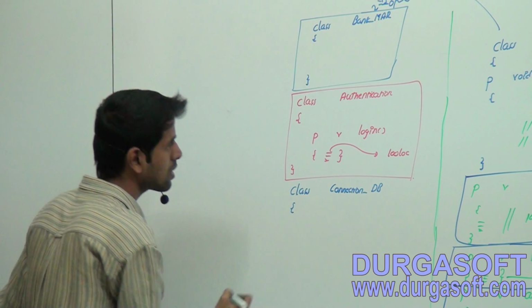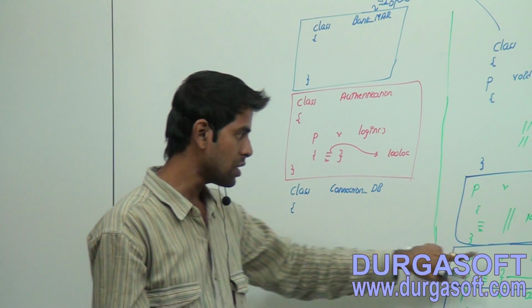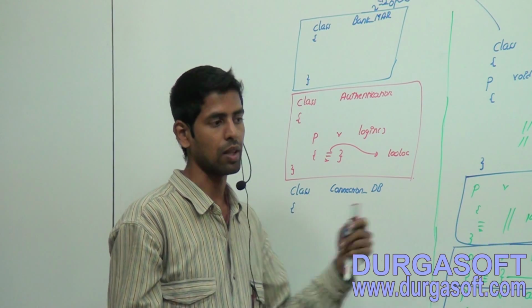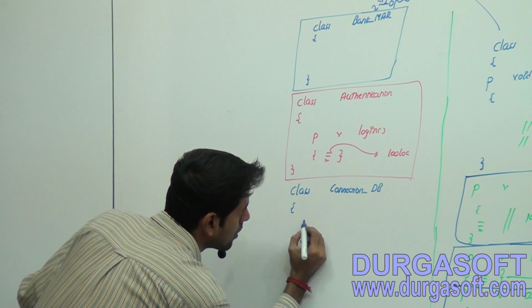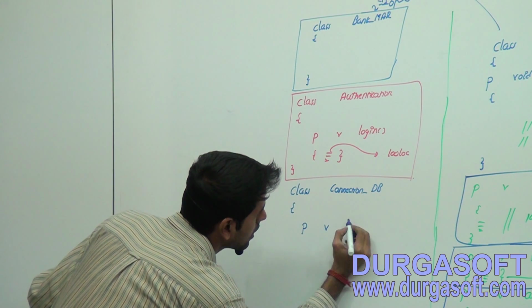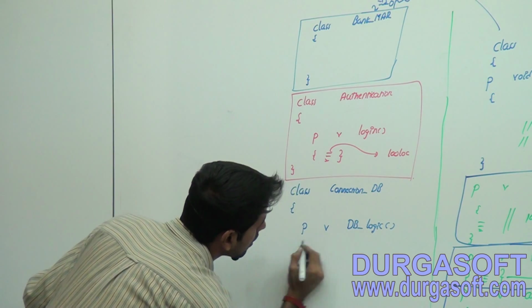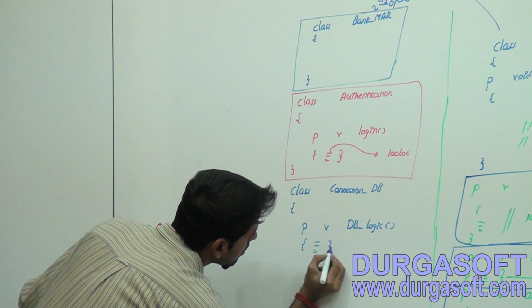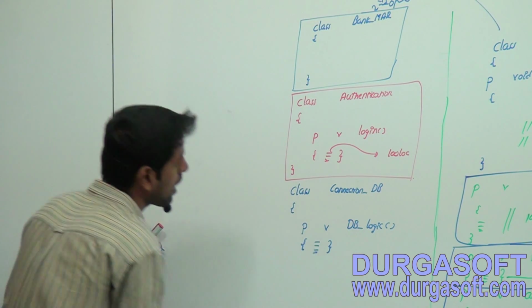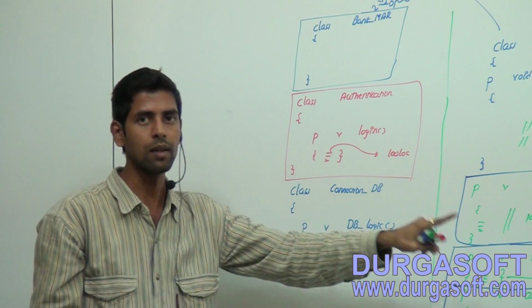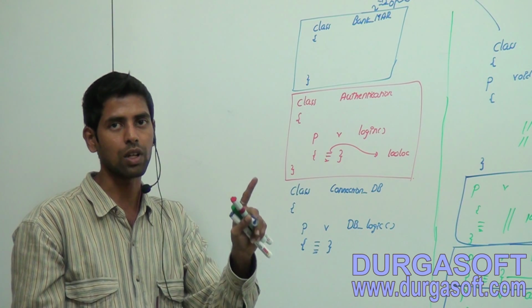Within this class maintain the DB logic method: public void dbLogic. Here let there be some lines of code, how many lines? Only 25 lines.